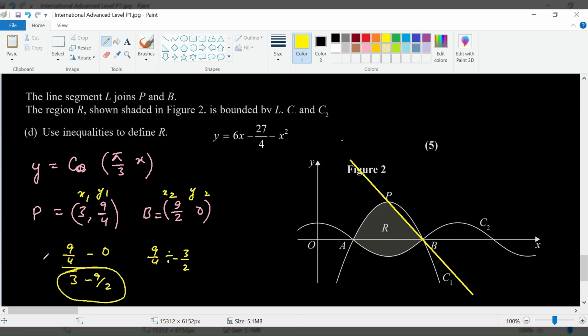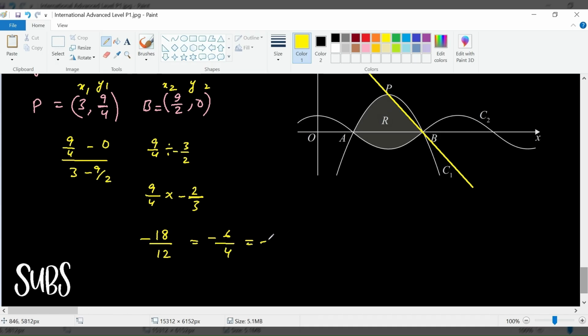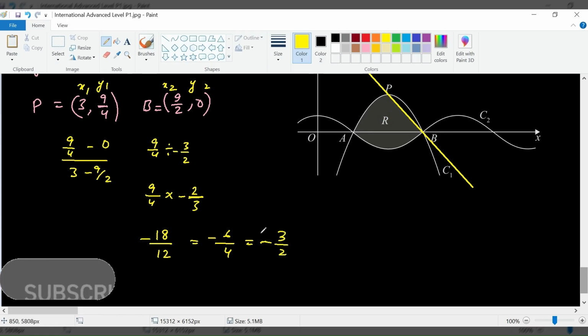Then further simplification gives us 9 over 4 multiplied by negative 2 over 3, which is negative 18 over 12. When further simplified, it's going to give us negative 6 over 4. That means negative 3 over 2. This is the gradient of this line.